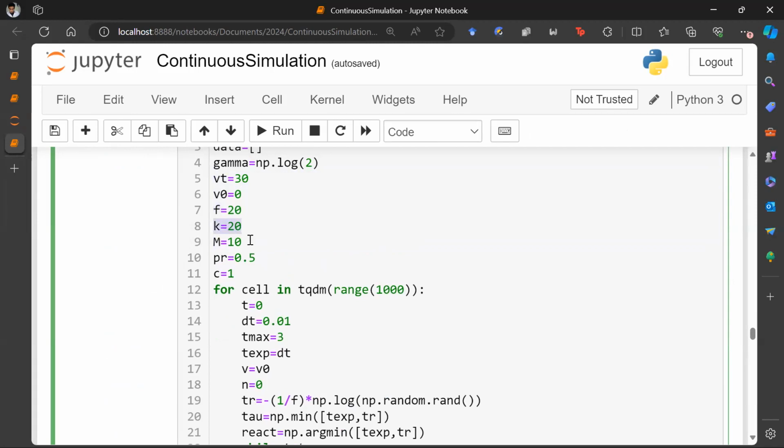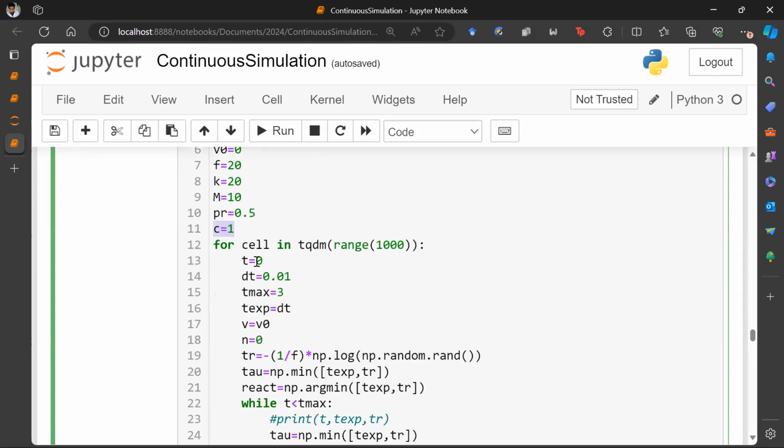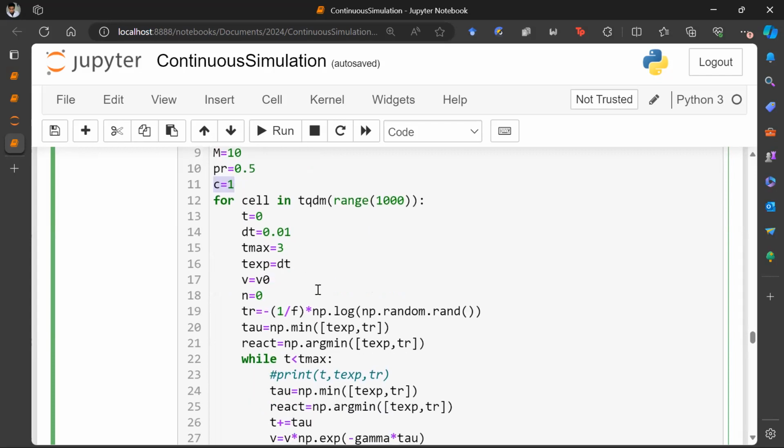This is the production rate. This is the maximum number of vesicles. This is my initial voltage, and this is my threshold voltage. And this is the probability of releasing, and this is the constant by which the voltage is increasing.